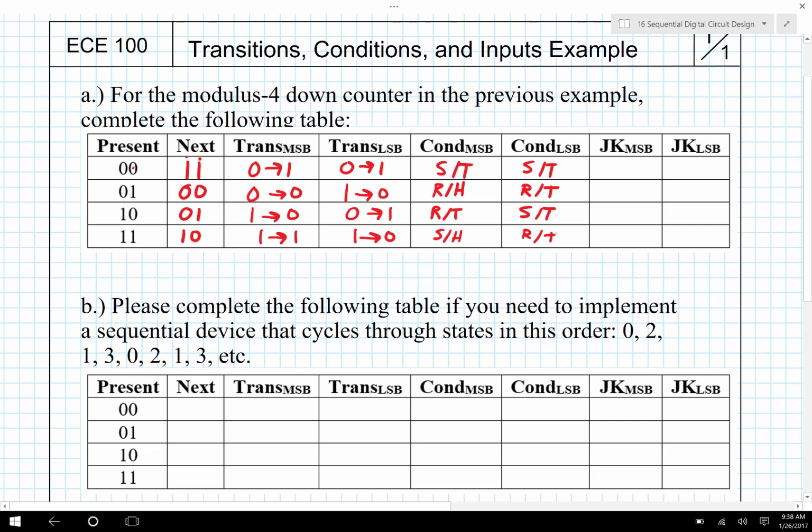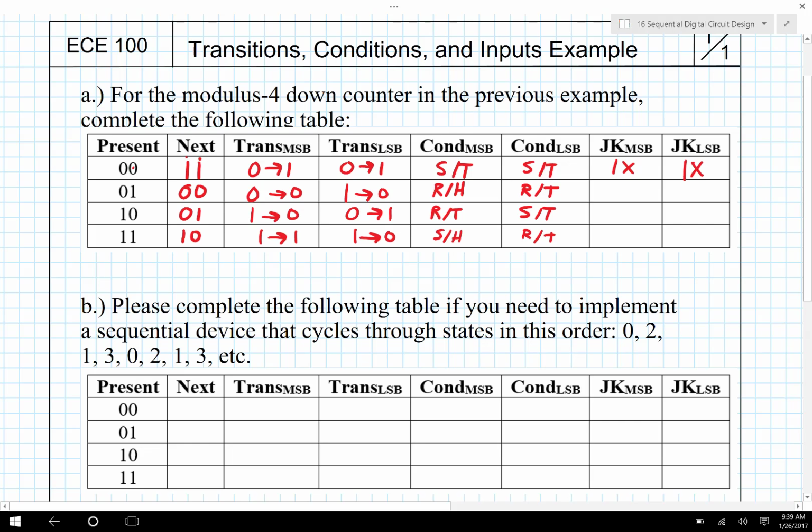Now I filled in all the conditions first, and then I'm going to go back and fill in the J and K inputs. But every time that I fill in one of these conditions, I could jump straight to the J and K inputs as well, because right in that same table, when I see set or toggle, I know that corresponds to a 1x. So a set and a toggle, that's a 1x.